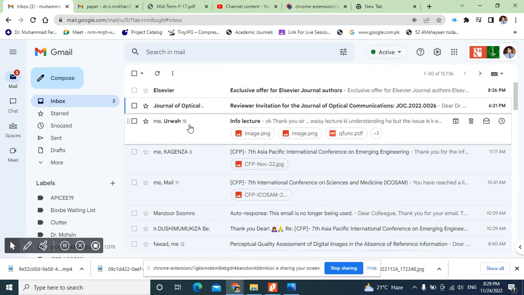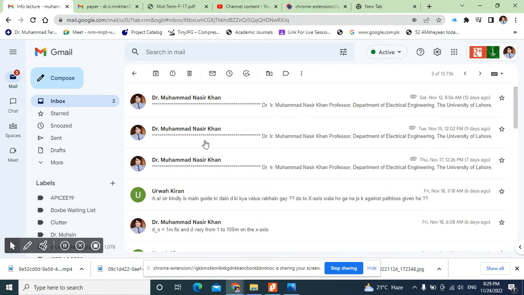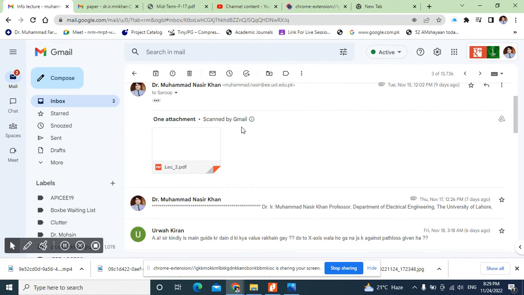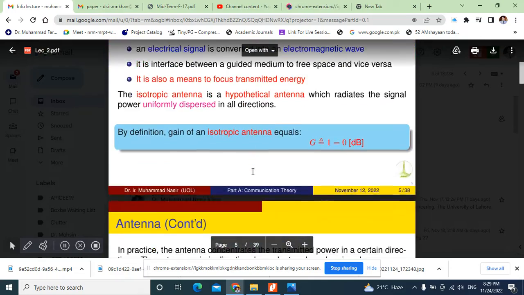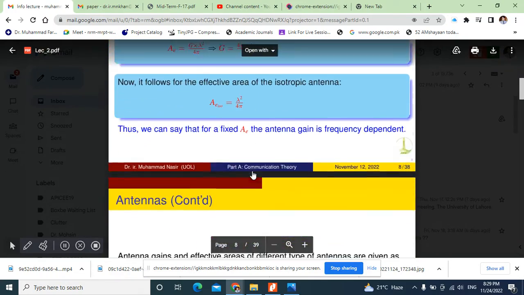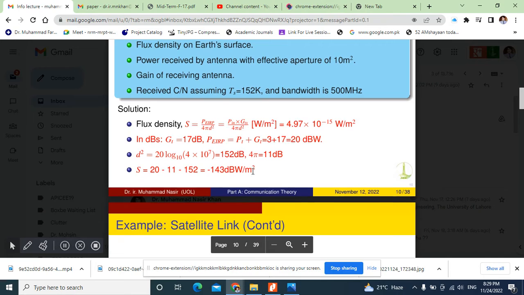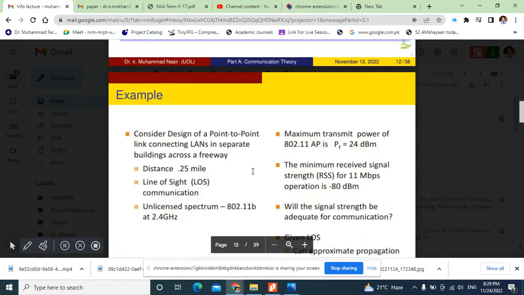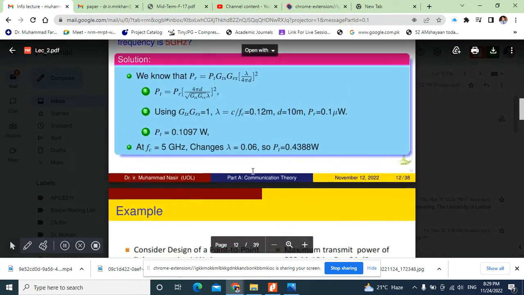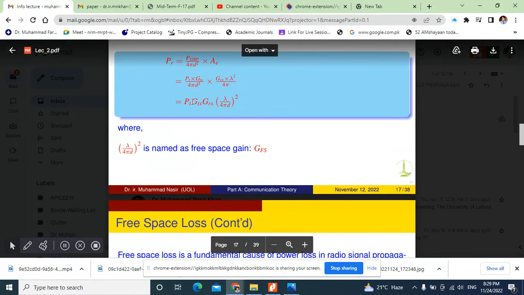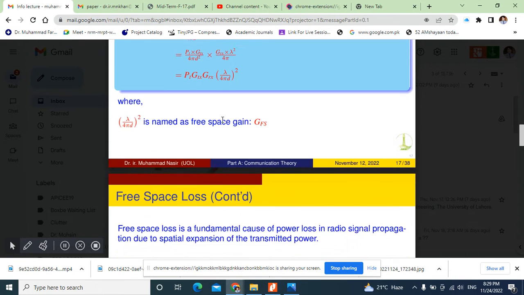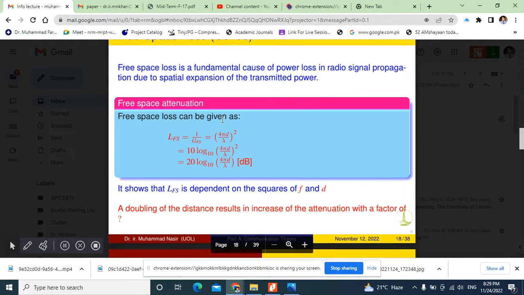Like you can see, the path loss model was different from that one. So PR was equal to PT GT GR and lambda by d square, where lambda was the free space gain.